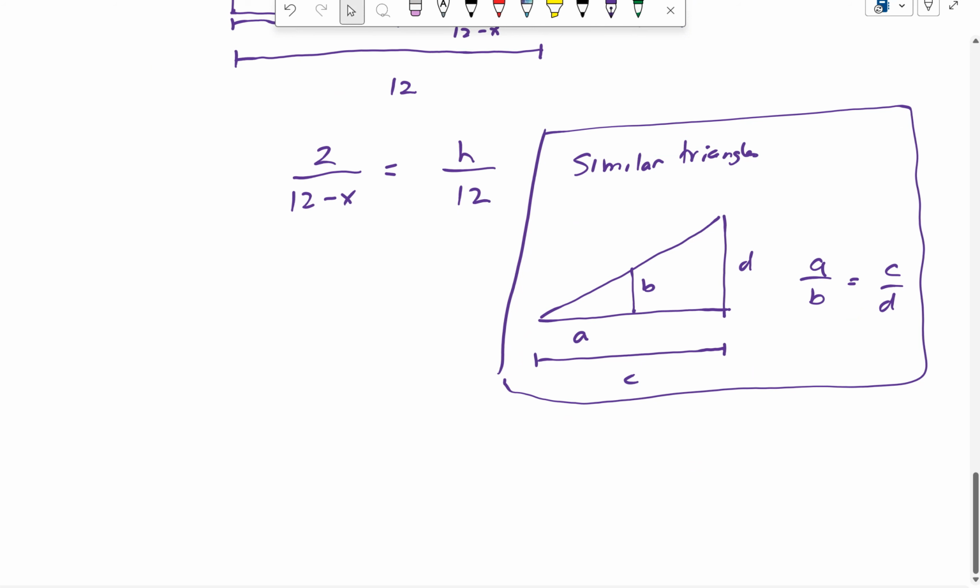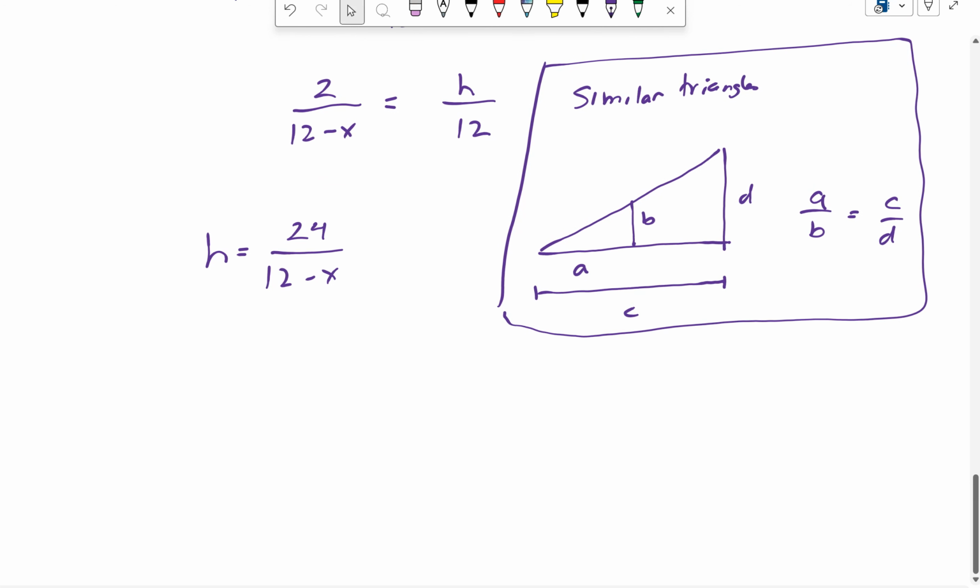Remember, we're looking for dh dt, so let's solve this for h. So h is equal to 24 over 12 minus x. Now we can differentiate this, so the left-hand side will just be dh dt, nice and easy. On the right-hand side you could use the quotient rule, but I'll view this as 24 times 12 minus x to the negative 1 and use the chain rule.